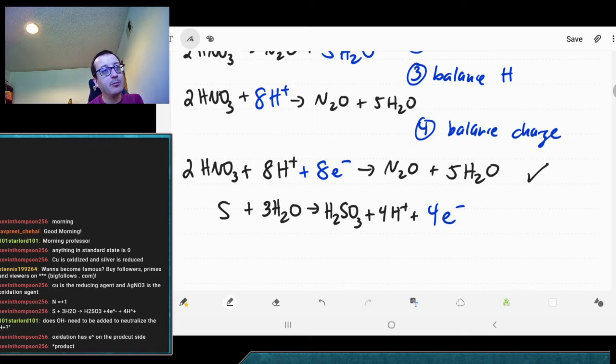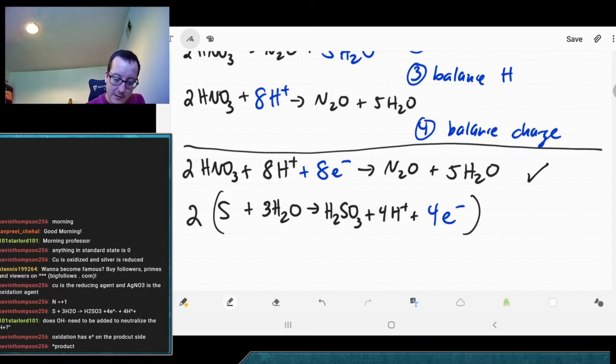If we were to add these up right now, we would see that our electrons wouldn't cancel out. What we need to do, if we're going to put these together, is multiply this whole thing by 2 so that we can end up with 8 electrons on both sides. Just like with stoichiometry, we want to make sure that all of our coefficients match up.